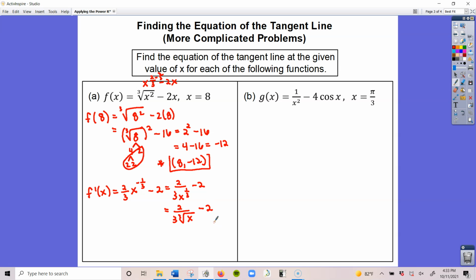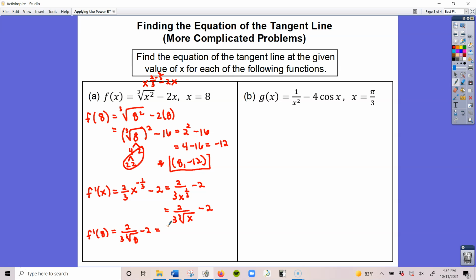So now we're ready to plug in x equals 8. So f prime of 8 is going to equal 2 over 3, and then the cube root of 8, minus 2. Now we've already figured out that the cube root of 8 is 2. That's what we did here.